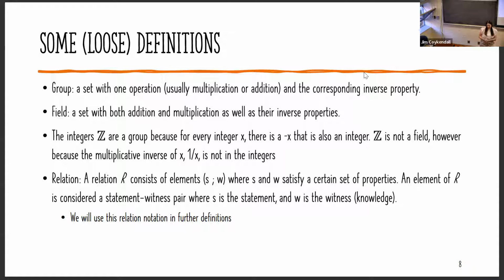That's the additive inverse. The integers are not a field because they have addition and the inverse property, but not multiplication as well. The multiplicative inverse is 1 over x, but 1 over x is not an integer. So that's just some loose definitions for groups and fields.